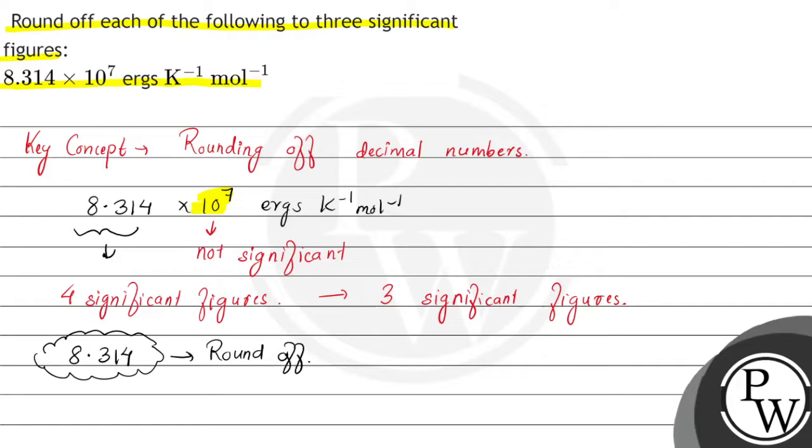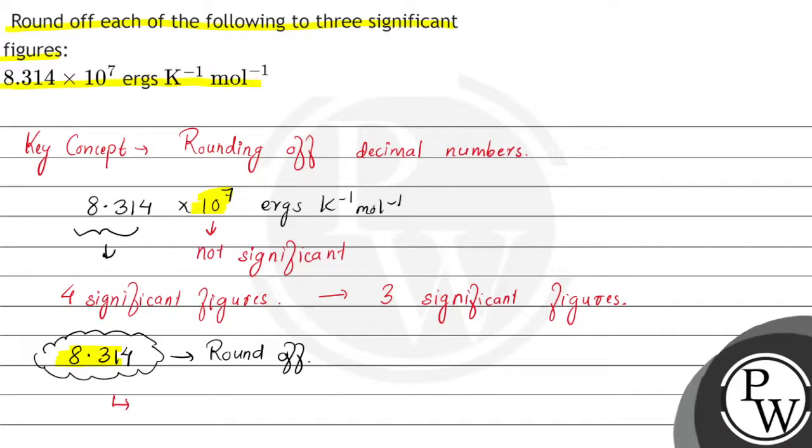Okay, now when we have to round it off to three significant figures, we are going to omit the last digit here, that is we are going to omit this 4, which is the last digit, to change it to three significant figures, right?